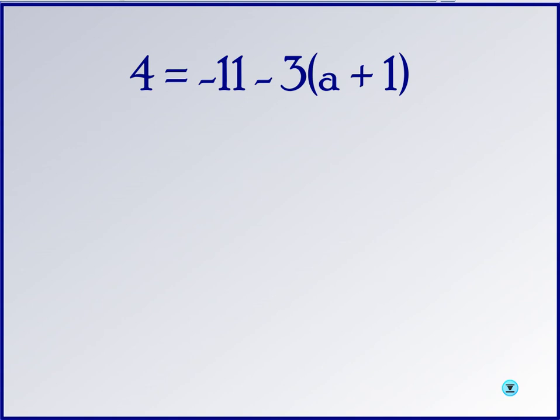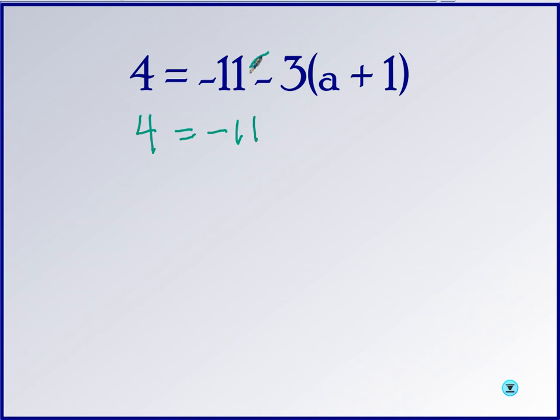Now let's try this next example. My constant is first this time. My variable is on the right hand side, so this is the side that I'm going to focus on. I still have a 4, and it's still going to equal negative 11.